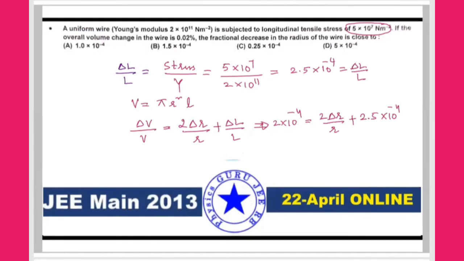Okay, now I can take 2 into delta R by R to the left side.